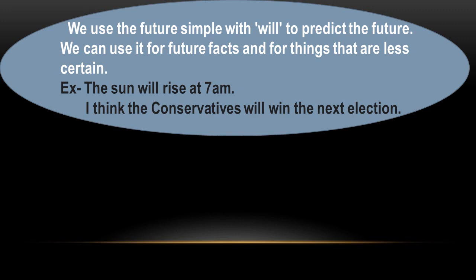That means we use it to denote a future action or event, and for future facts and for things that are less certain. For example, the sun will rise at 7 am. I think the conservatives will win the next election. That means the certainty is less.